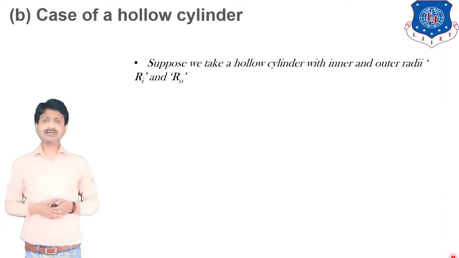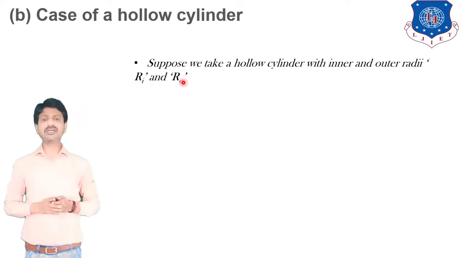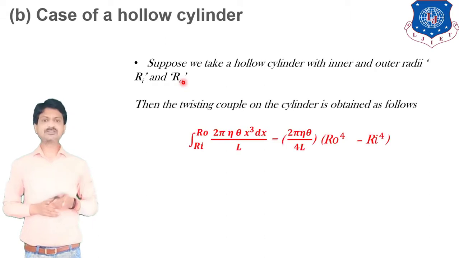Suppose we take a hollow cylinder that has inner radius and outer radius Ri and Ro respectively. Now, the twisting couple of the cylinder is obtained as integral Ri to Ro 2 pi eta theta x cube dx upon L. We have derived the equation for the solid cylinder, so the same procedure is used here.